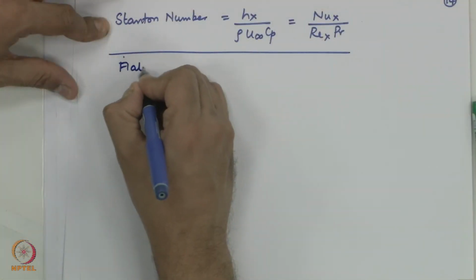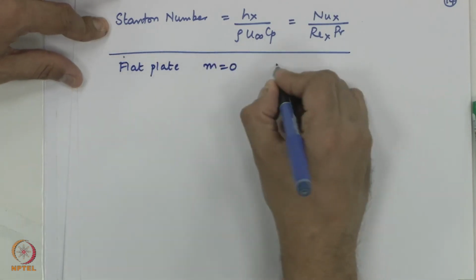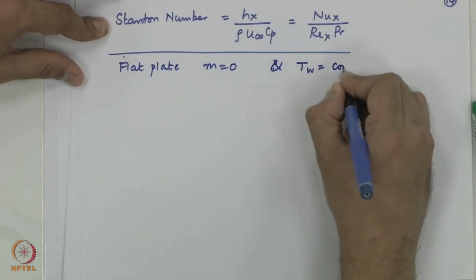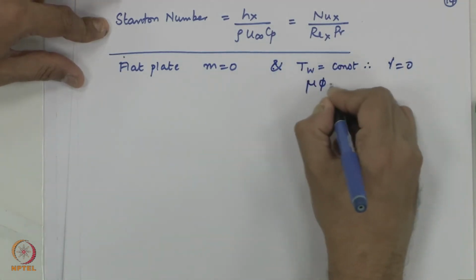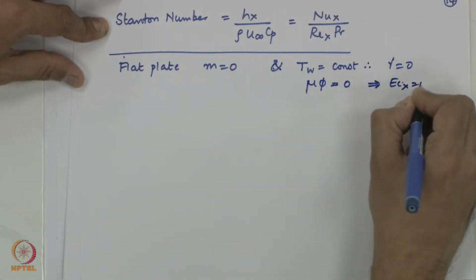So, the local quantity Nusselt number we have defined. Now, let us consider the flat plate. We are going to the final case here. Flat plate, m is equal to 0. Therefore, T wall is equal to constant, and therefore gamma equal to 0. Viscous dissipation is 0, which means Eckert number equal to 0.